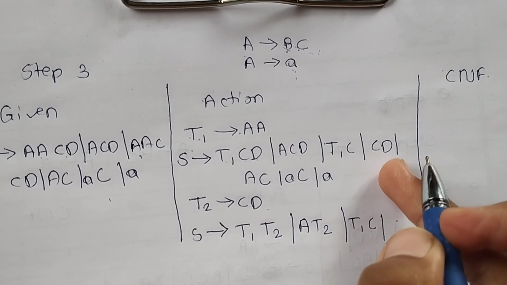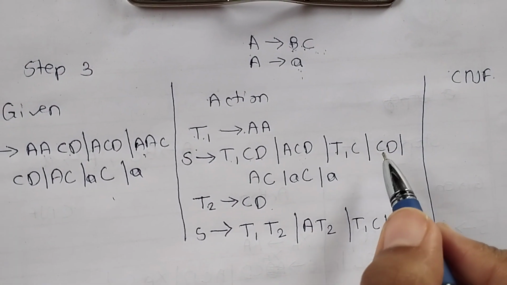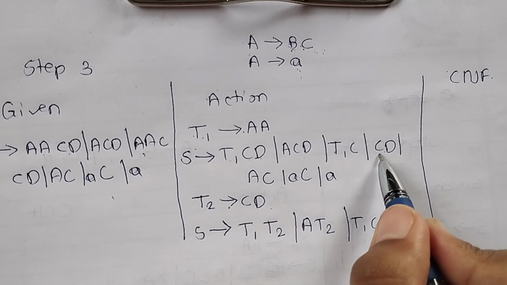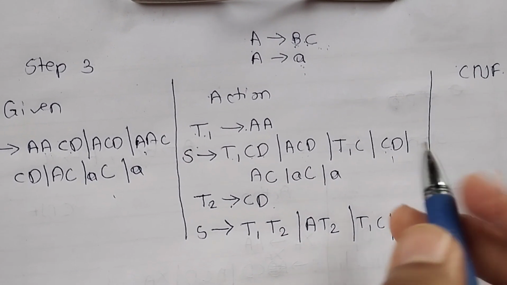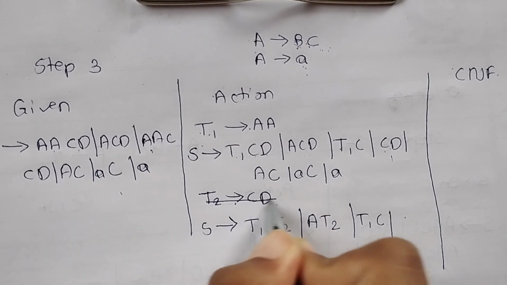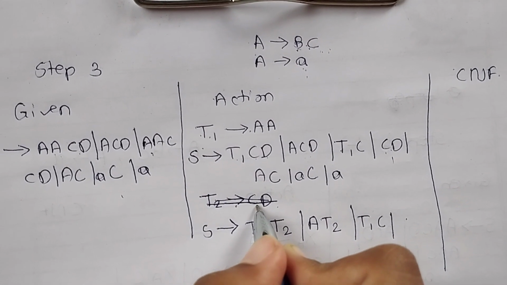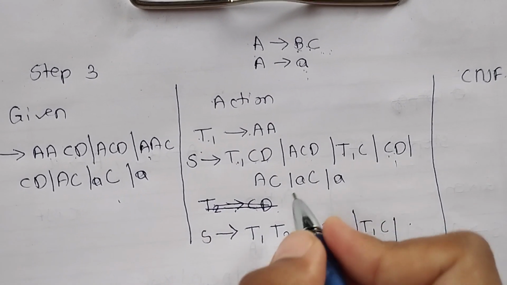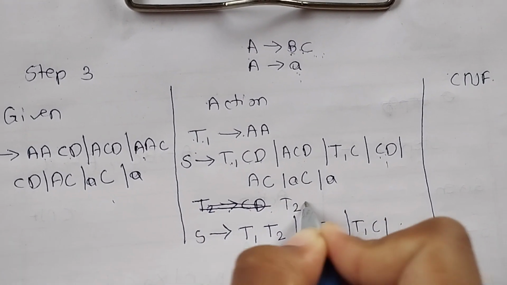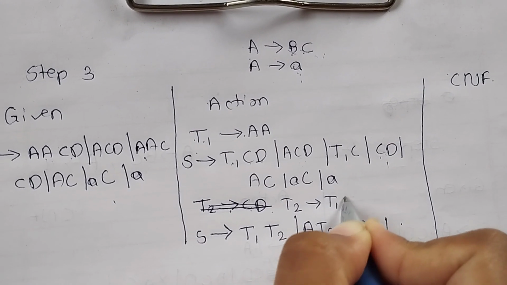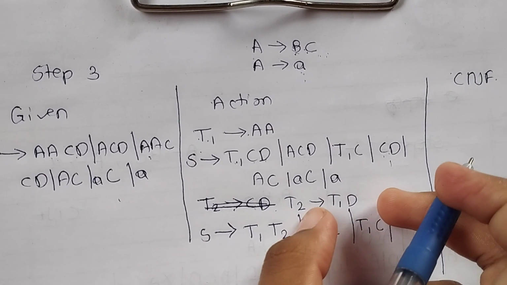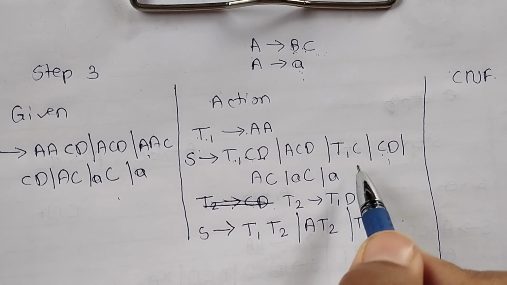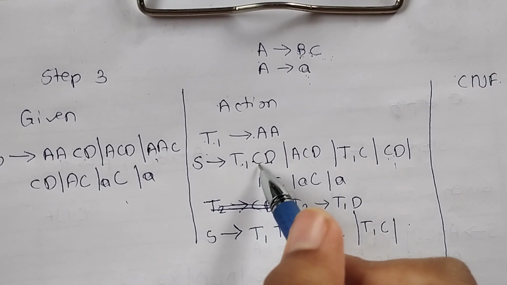Now see here, if we consider this CD as T2, then we get only a single capital letter, so this assumption is wrong. Instead, we assume T2 for this T1 and D. If we assume this, there is no problem, because T1D is not present anywhere, but T1C is present.